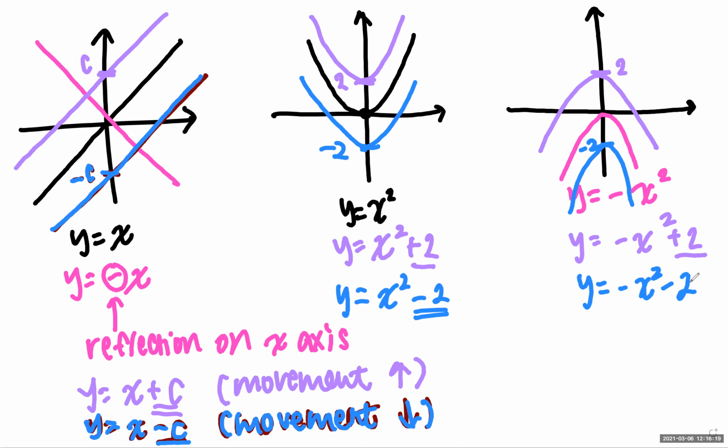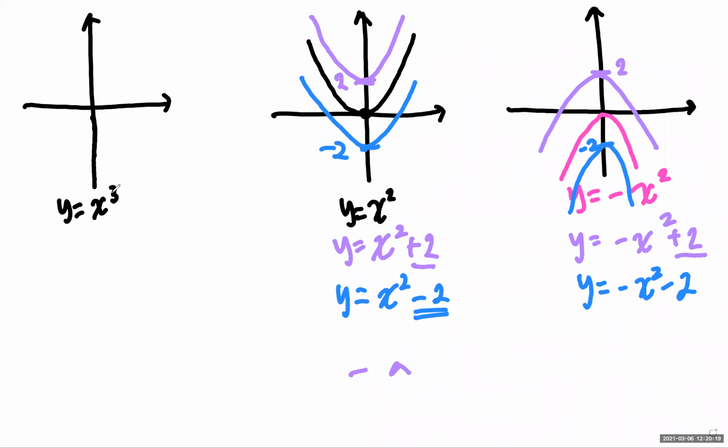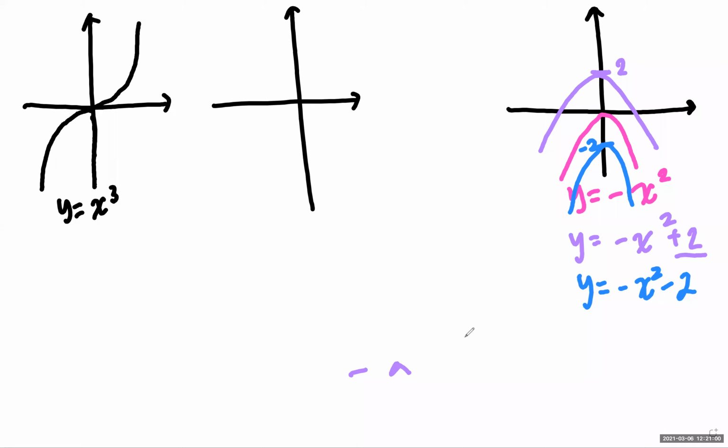Okay? Okay. So right now we'll move on to y is equal to x cubed. So x cubed is an S-shaped graph, correct now? So S-shaped graph means we have a half sad face first, followed by a half smiley face. So this is y is equal to x cubed. Next, this is the parent graph.